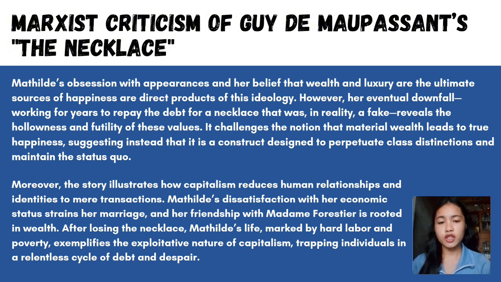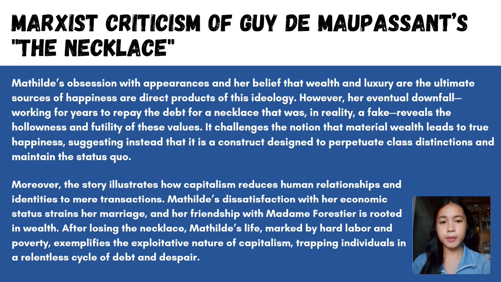Thus, this revelation critiques the ideologies that promote wealth as a means to personal fulfillment and exposes the hollowness of these values. As you can observe in the third paragraph, it analyzes how the dominant ideology of materialism is portrayed and critiqued in the story. The fourth step is to critique capitalism.